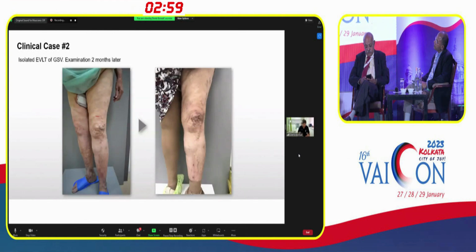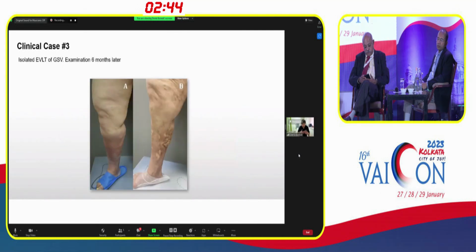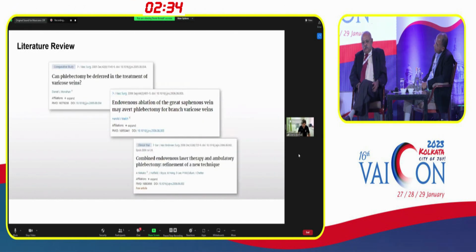Tributaries on the knee, it's a difficult place, not the best place for microphlebectomy. And here is the result after isolated endovenous laser. So a very fast, quick procedure, and quite a good result. And here is a fantastic result: complete reduction of edema and hyperemia on this area of the calf. And we can treat tributaries in the second step.